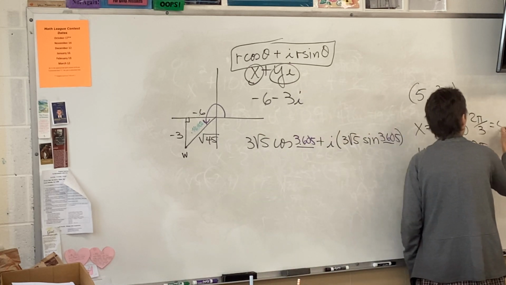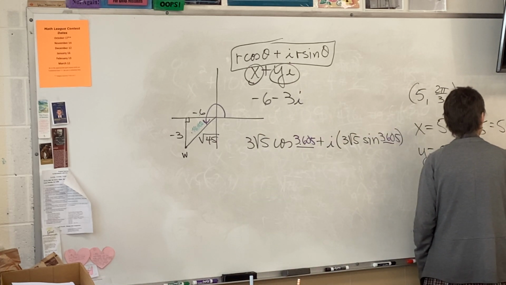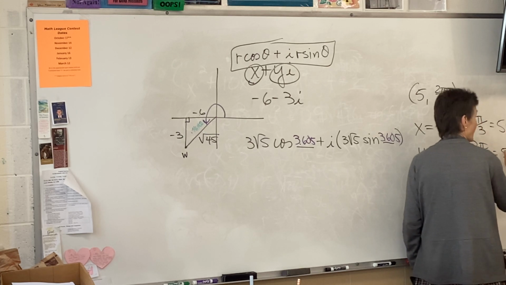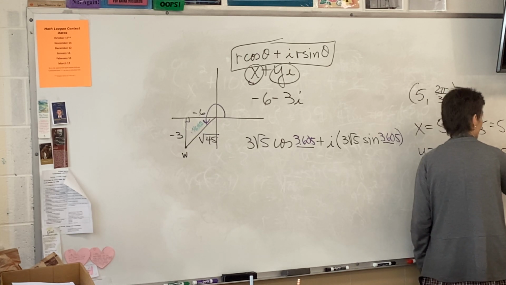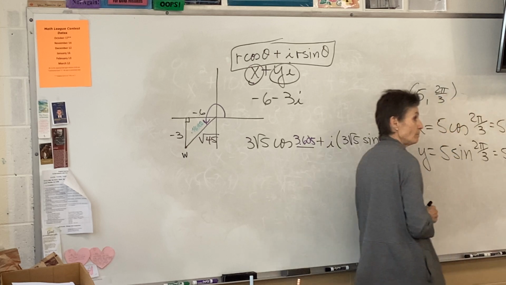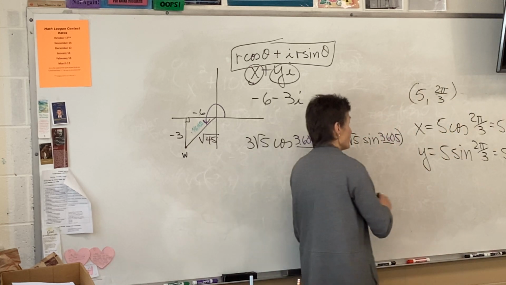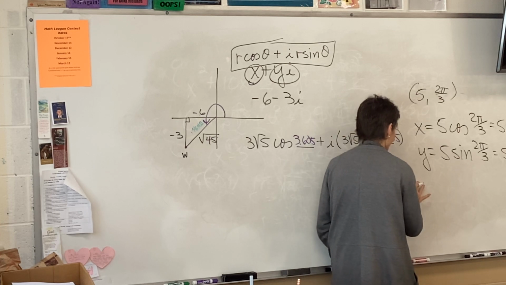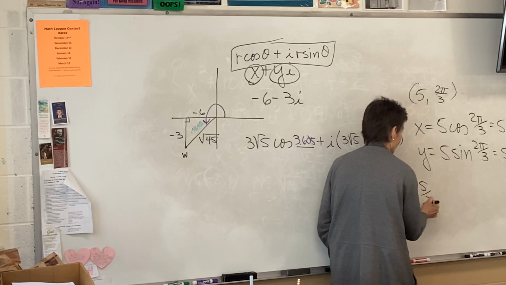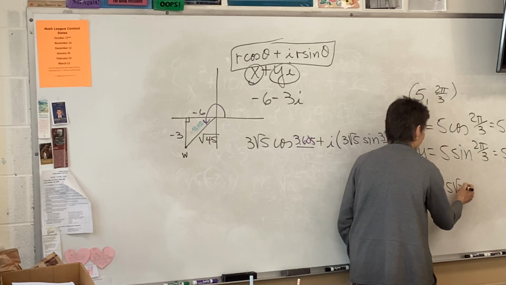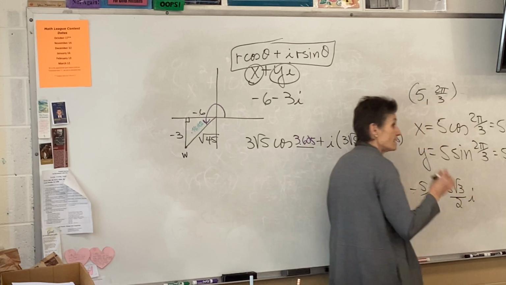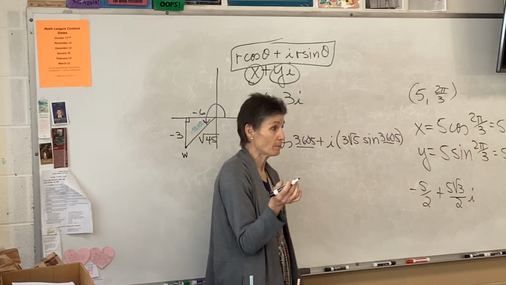So this is 5 times negative 1/2. And this one will be 5 times positive root 3 over 2. So, negative 5/2 plus 5 root 3 over 2 i is the rectangular form of that number.